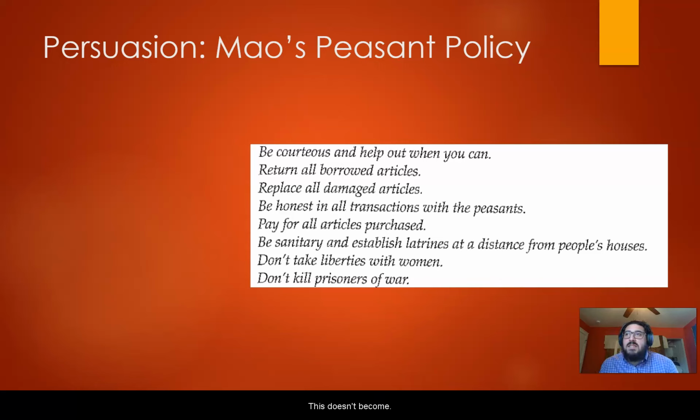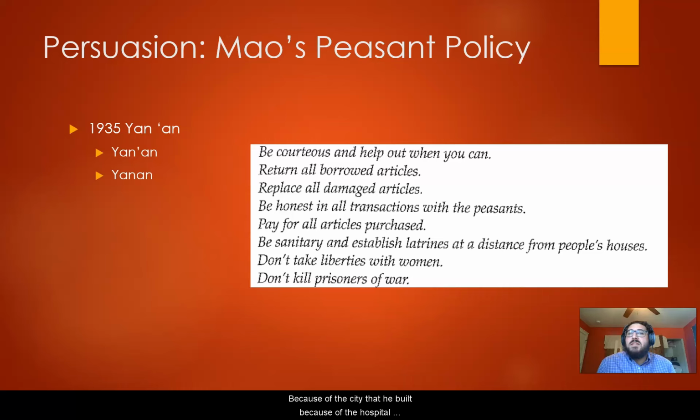But this doesn't become legitimate until Mao's in power of the Chinese Communist Party. And he gets that power in 1935, at the end of the Long March, when he makes it to Shaanxi and Yan'an. Because of everything that he's been given, because of all of the power and support he's shown, because of the city that he built, because of the hospital, because of everything, he is given the keys to the party. The 28 Bolsheviks are no longer a threat to him.